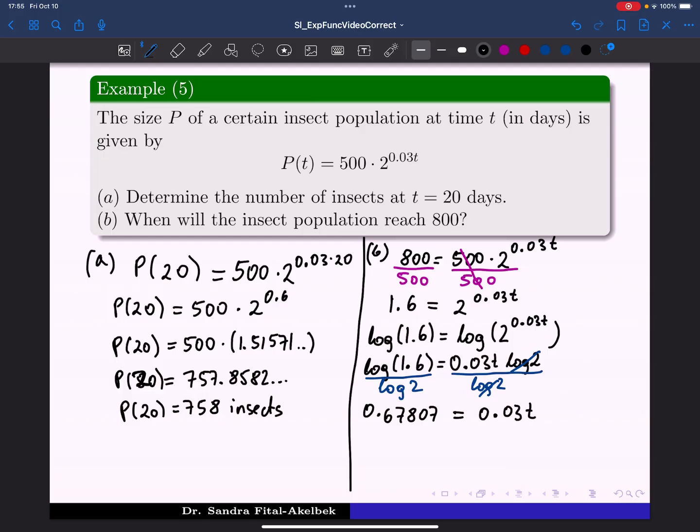To solve for t, we divide by 0.03, this cancels out, and I have that t is equal to 22.6. The time is in days, so it's 22.6 days.